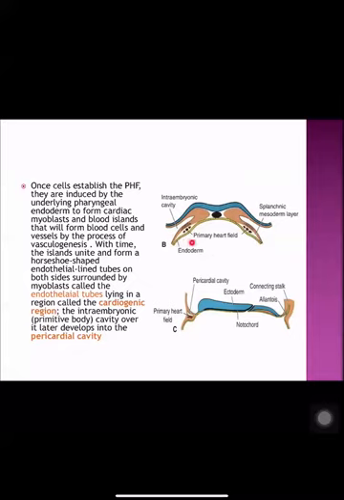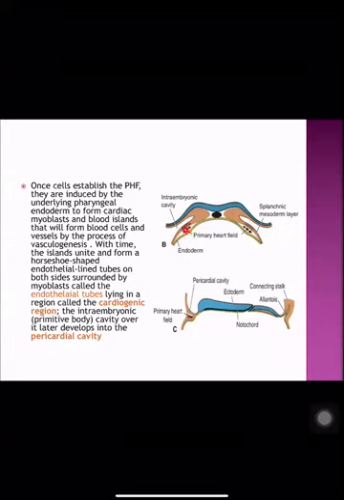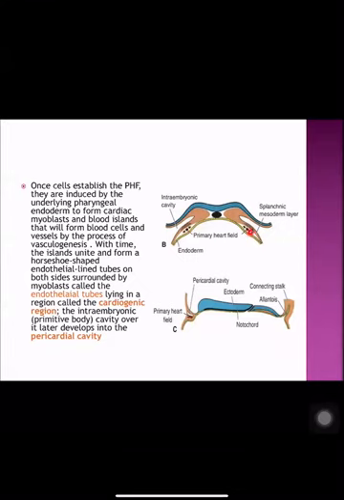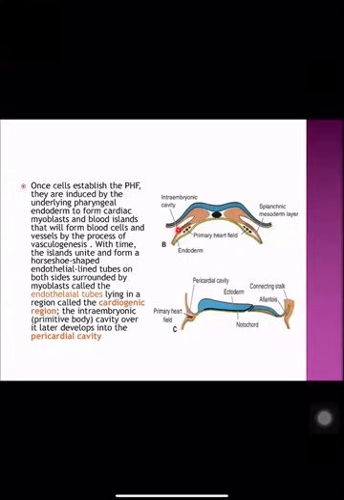Now, with time, these blood islands will unite together on both sides, causing formation of the endothelial-lined tubes from each side. Now, these cells will lie in the area called the cardiogenic area, surrounded by the intraembryonic cavity that will cause the formation of the pericardial cavity.